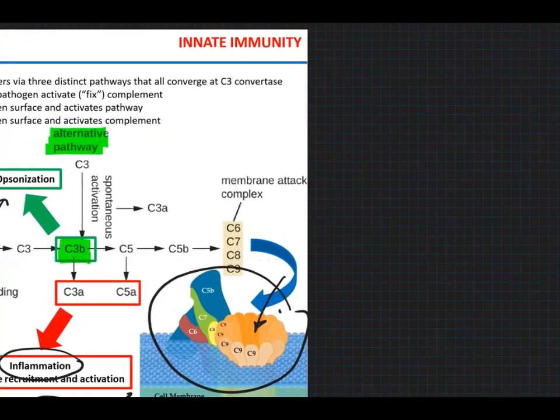So imagine you have a pathogen. Okay? And you have complement protein C3b that sticks to the surface of that pathogen.